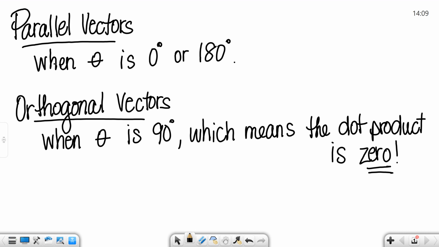Their dot product is 0. Okay, another word for orthogonal vectors is perpendicular. So just in case my MyMathLab throws those words around interchangeably, they do mean the same thing. Two vectors that are orthogonal have a dot product of 0. The angle they form is 90 degrees, and we call those two vectors perpendicular.